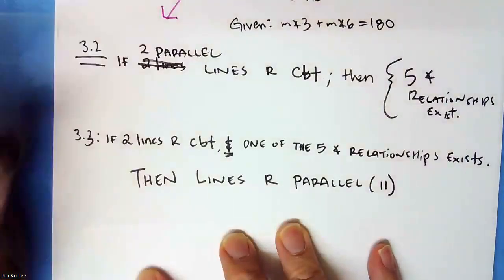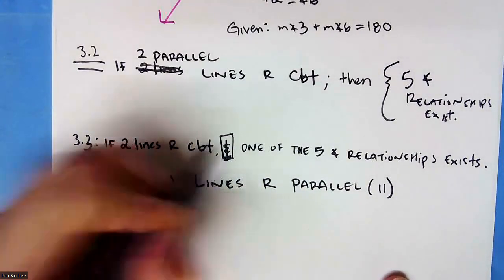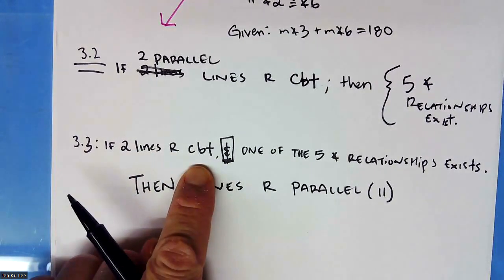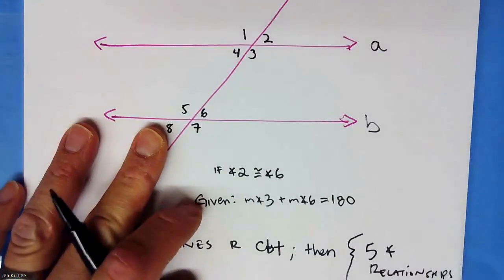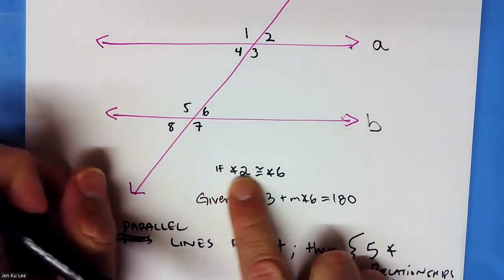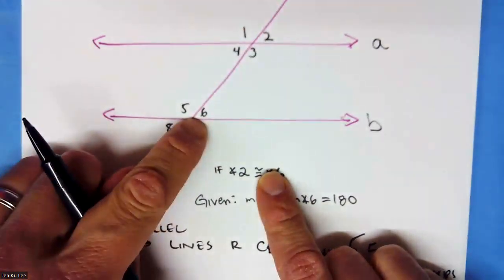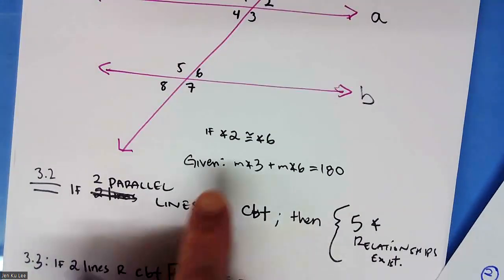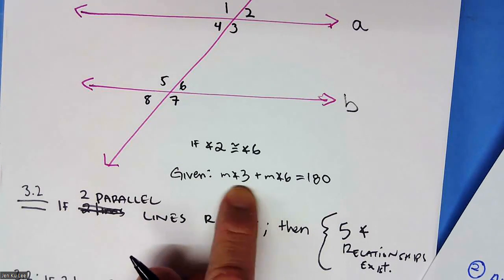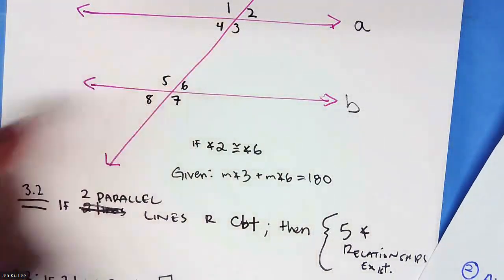Okay, and the parallel symbol is that double line, right? So we need to know that the two lines are cut by a transversal and one of the five angle relationships exists. So here again, I gave you the first one: if angle 2 and angle 6 are congruent, that means that corresponding angles are congruent, that means that this one exists. Therefore, I can say that the lines are parallel, right? The next one here, if same side interior angles are supplementary, then the lines are parallel.